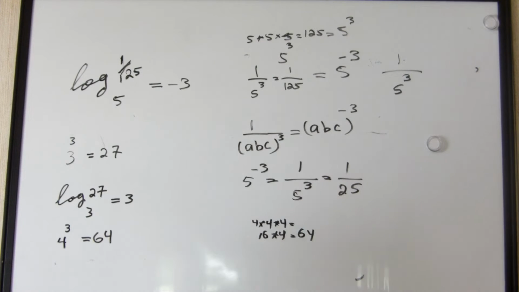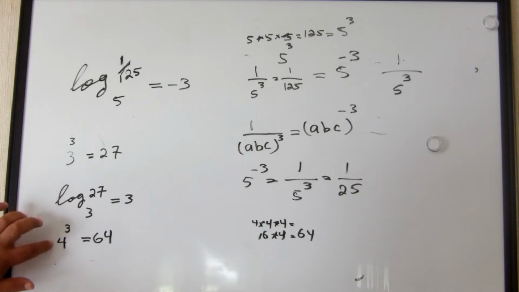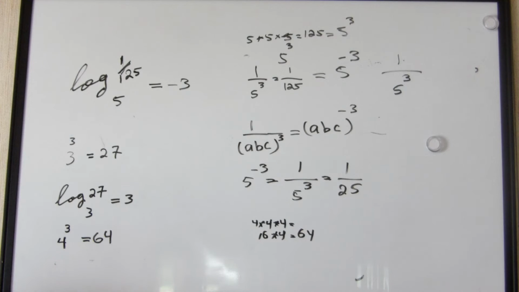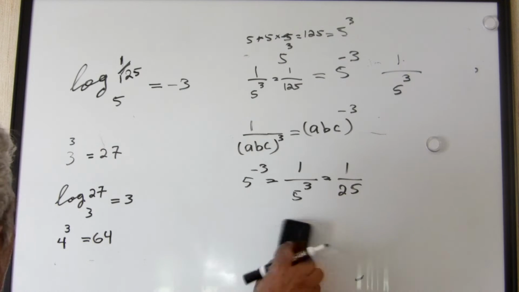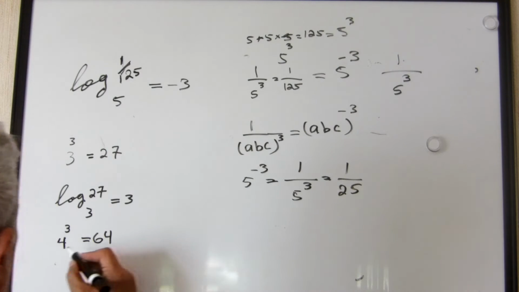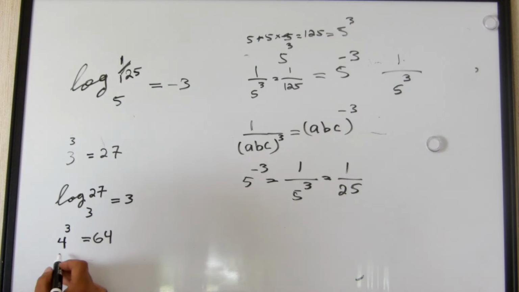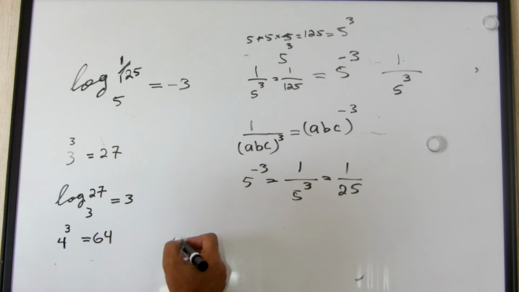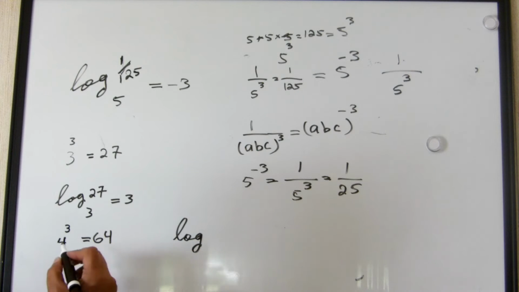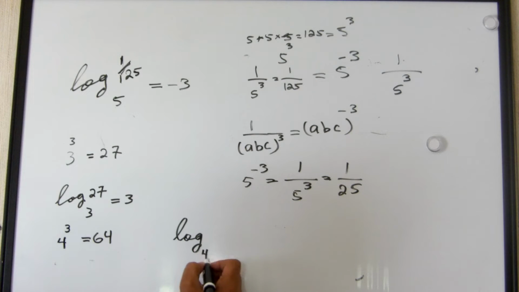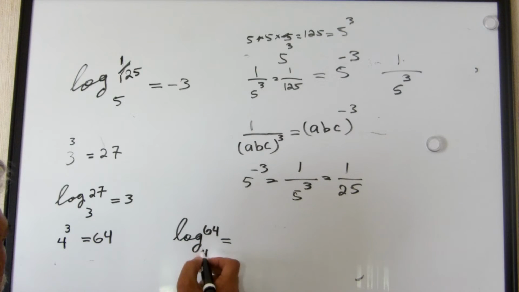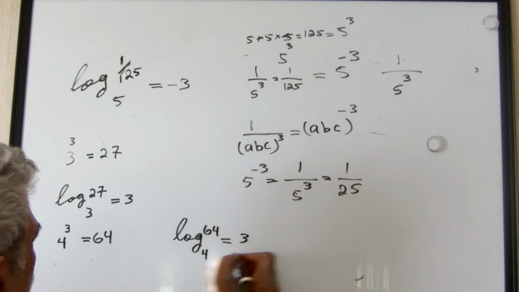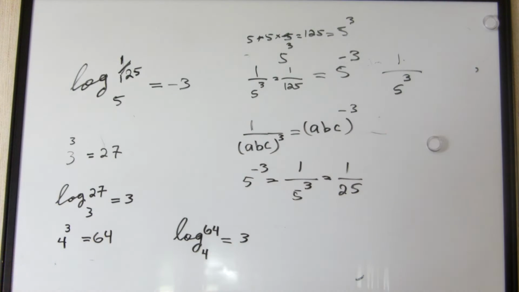The mathematics is going to be easy. Okay, now we have this one. We want to write it in terms of logarithm. What we say? 4 to the power of 3 is equal to 64. Log 64 with base 4 is equal to 3. It means 4 to the power of 3 is going to be 64.